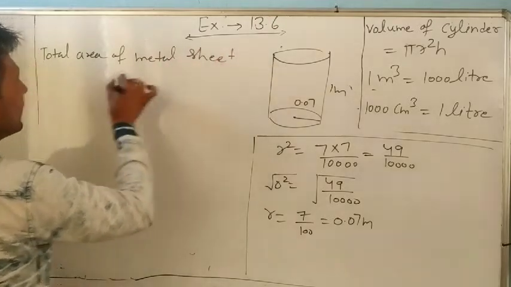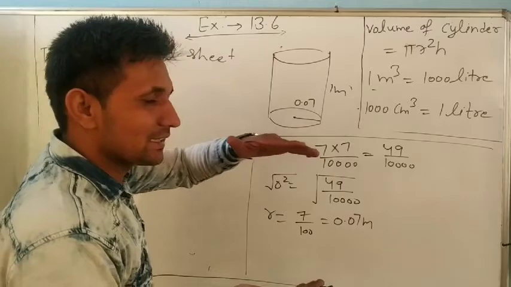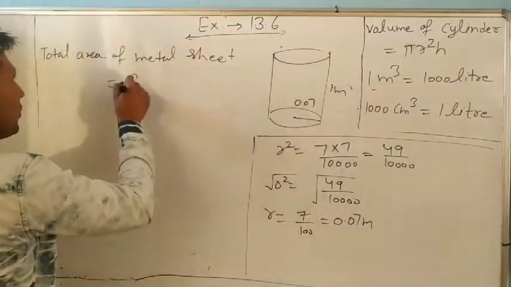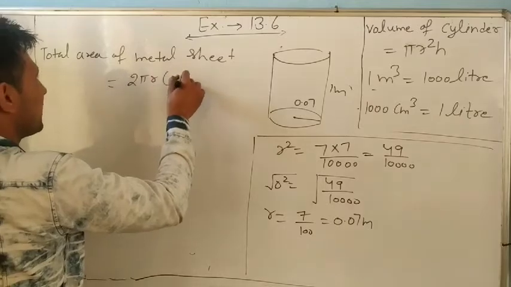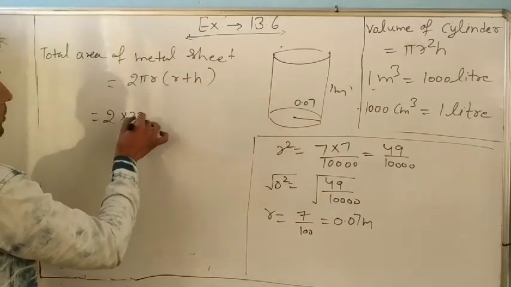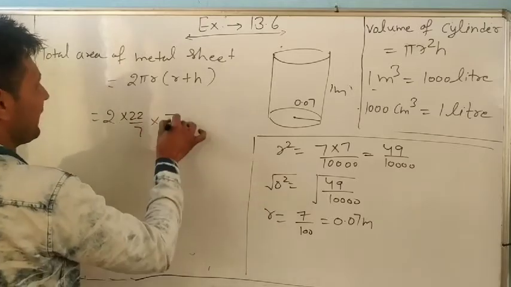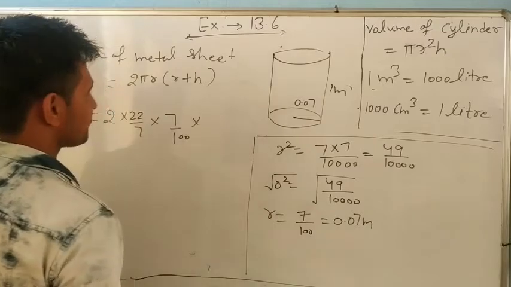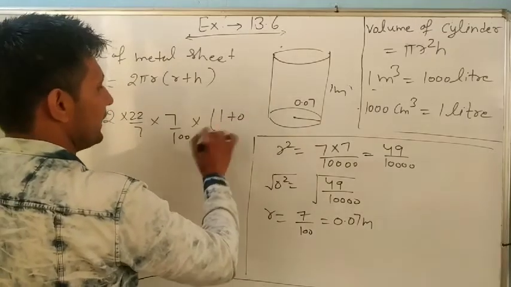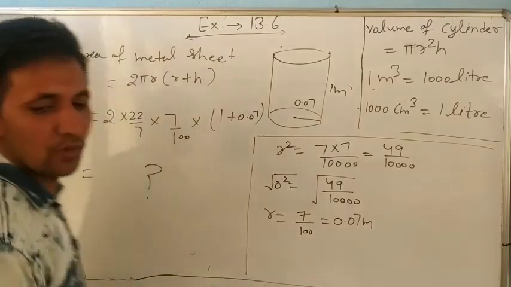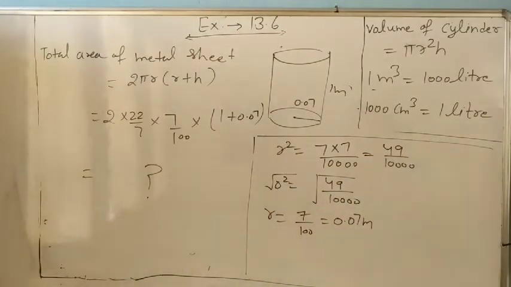When we make a cylindrical vessel, the metal sheet is also used for the top and base. So it means 2 pi r into r plus h. Now you can find it: 2, 22 by 7, r as 7 by 100, and into 0.1 plus 0.07, and find its answer. It is your answer. Understand it?